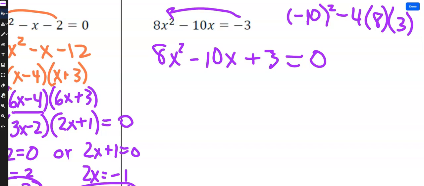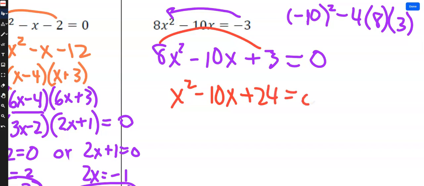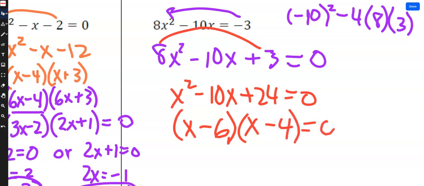Yeah, that's a perfect square. Okay, that does factor as well. So we could use the Berry method again. So the 8 comes down on the 3, x squared minus 10x plus 24. X minus 6, x minus 4.